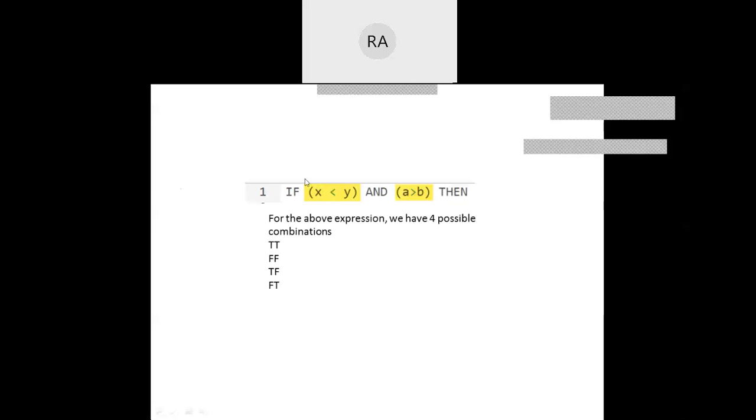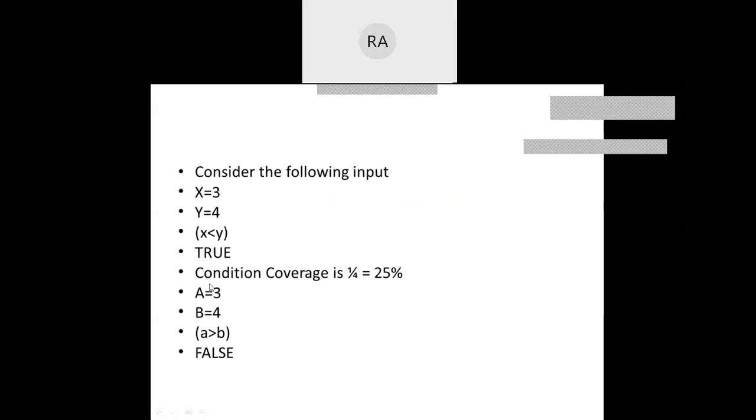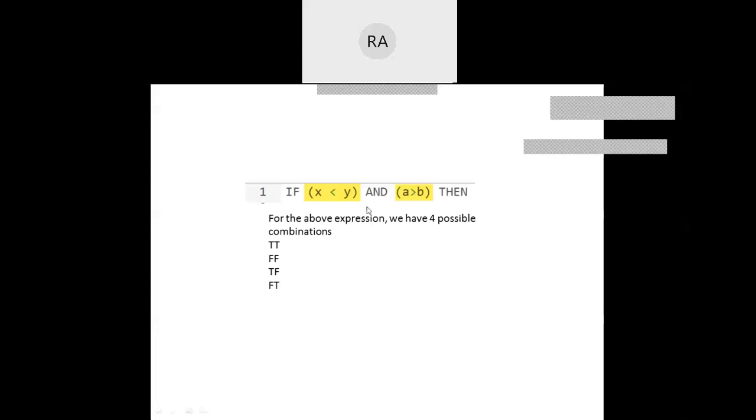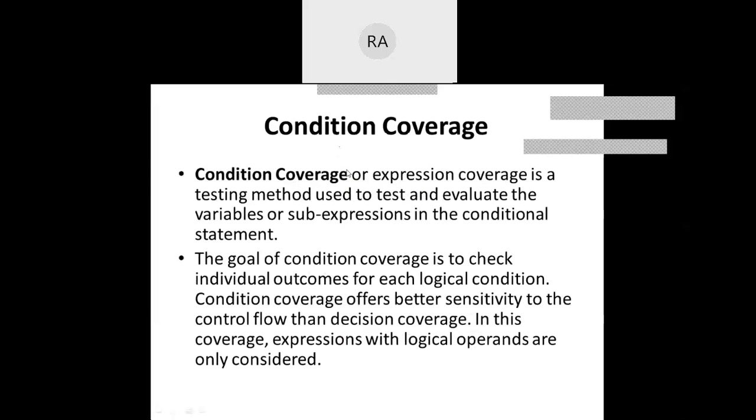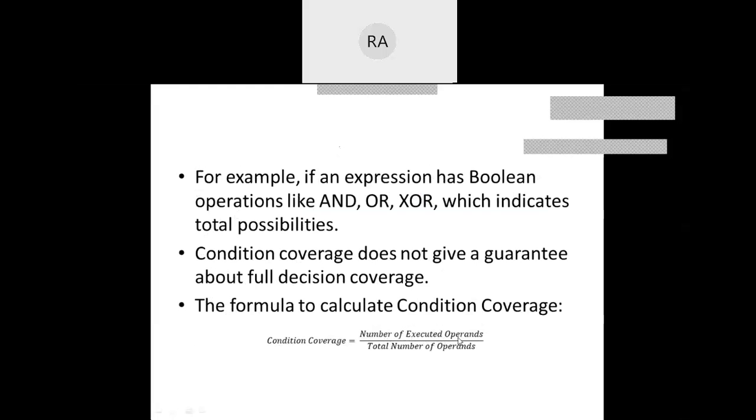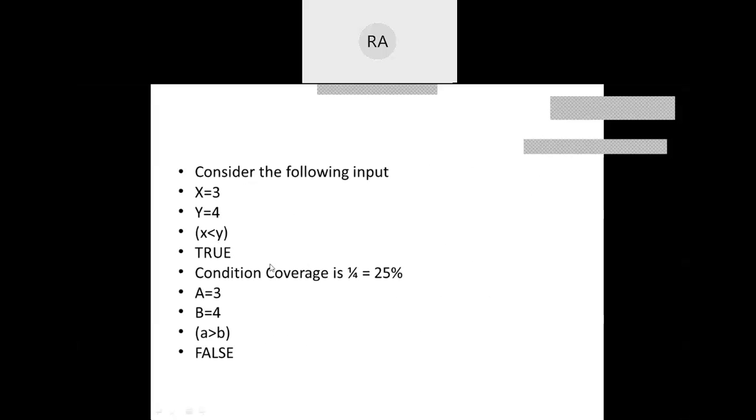If you consider only this, the condition coverage for this particular logical expression has 4 possible combinations and only one I am exercising, as per the formula, number of executed operands divided by total number of operands. That's why the condition coverage with respect to this logical expression is going to be 25%.